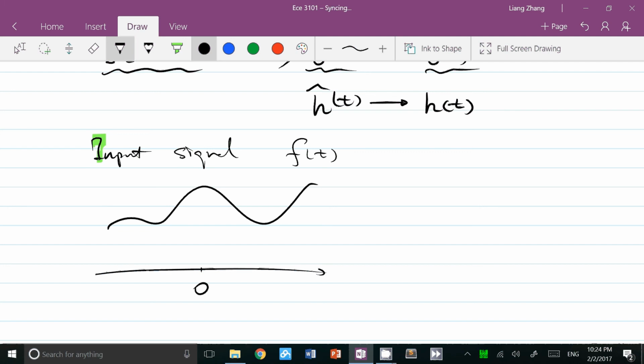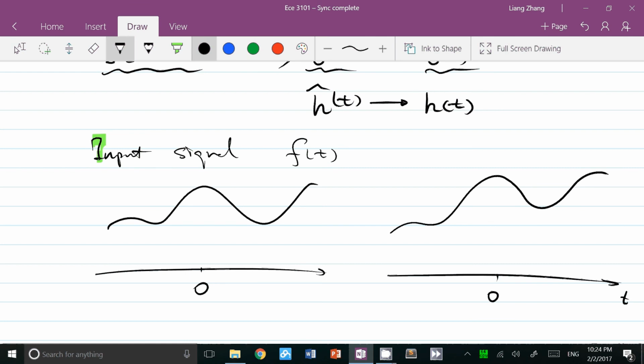What we're going to do is that we'll make a copy of it. And we're going to split the time axis into small intervals. And each interval will be of width delta tau. So we'll have 2 delta tau, 3 delta tau, 4 delta tau, and so on and so forth.